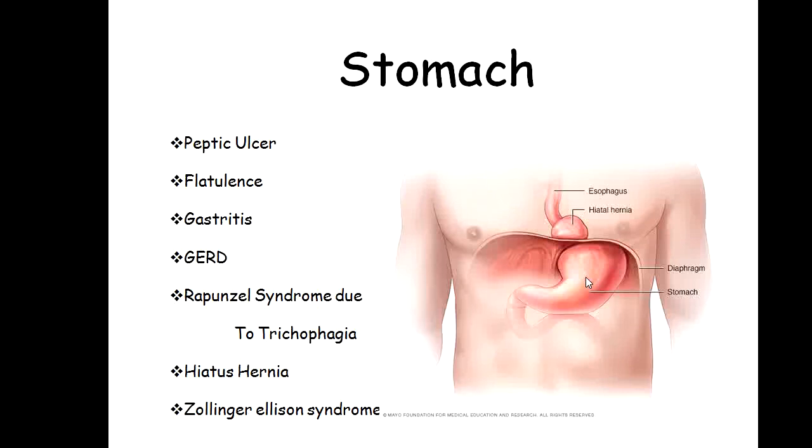So the excessive secretion of acid inside the stomach or duodenum due to the tumor of the G cells, that is what we call Zollinger-Ellison syndrome.